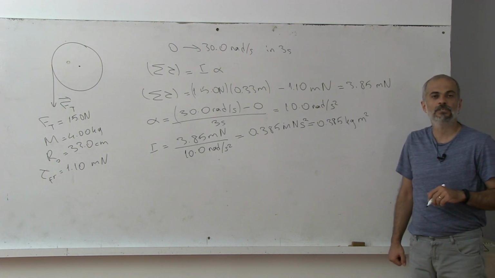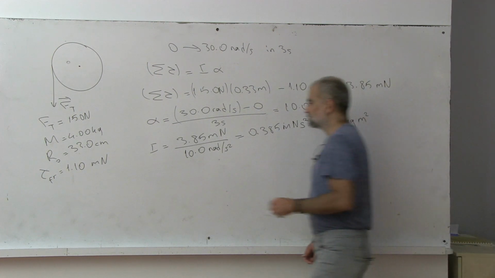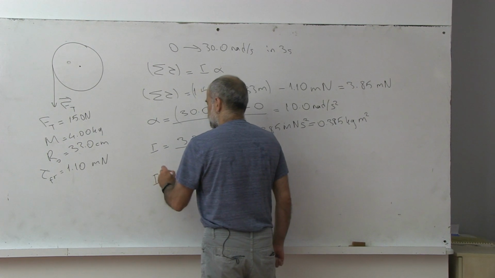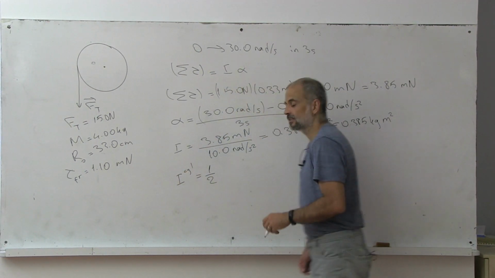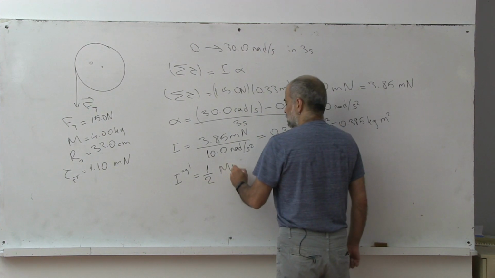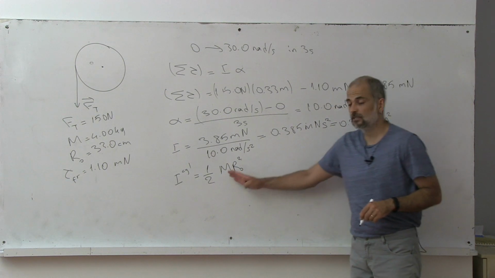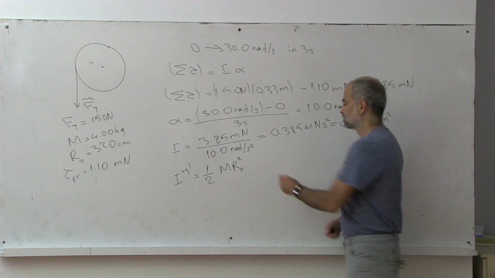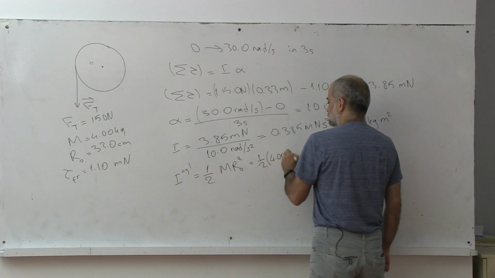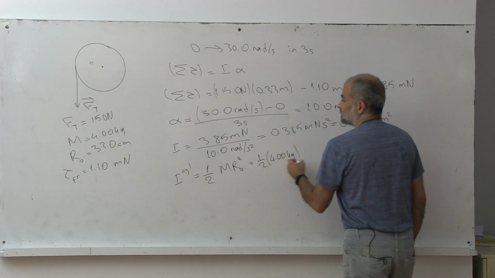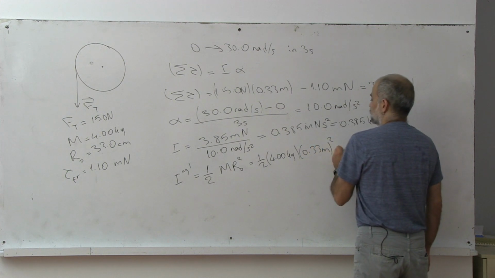Now, if the pulley was just a uniform disk of given radius, the moment of inertia of this cylinder is given by half its total mass times its radius squared. Now, we know the mass, we know the radius, so this is 1 over 2, the mass is 4 kilograms, the radius is 0.33 meters squared.